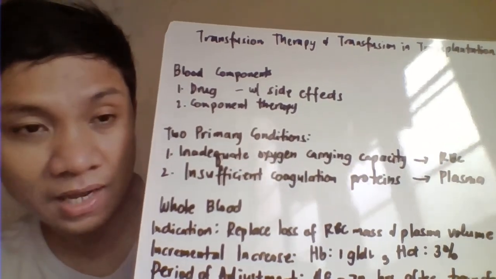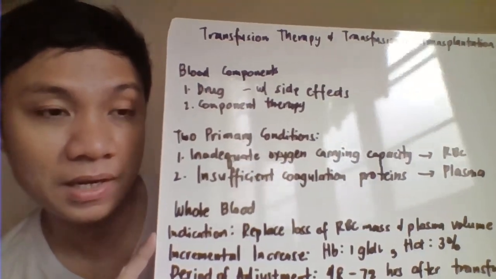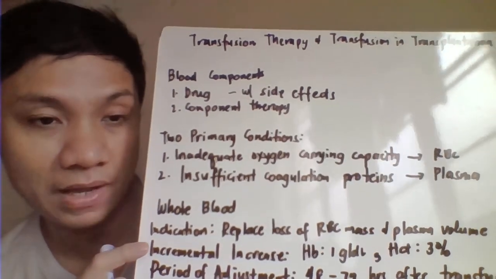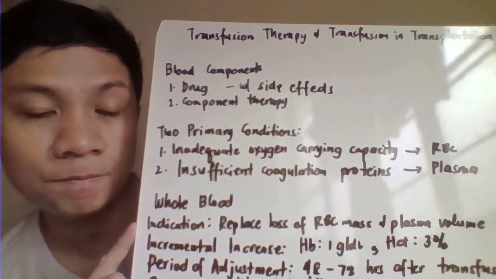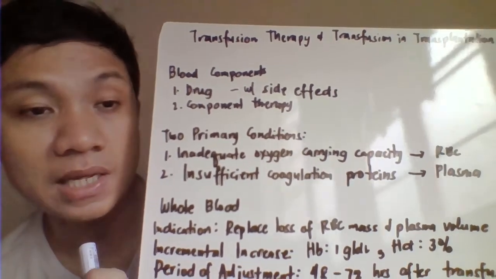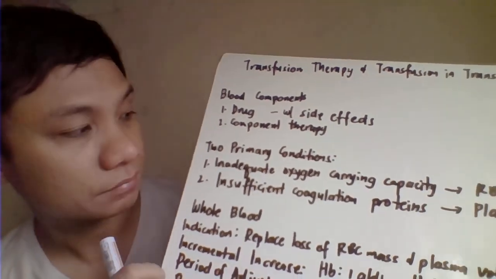And the same as with our medications, component transfusion therapy would also have some side effects. So we need to be very careful with the unit of blood for the transfusion, as to the screening and even throughout the process of transfusion to the patient.